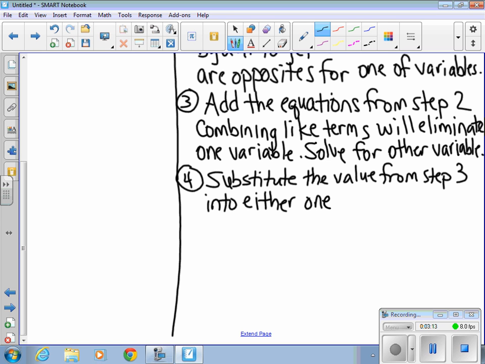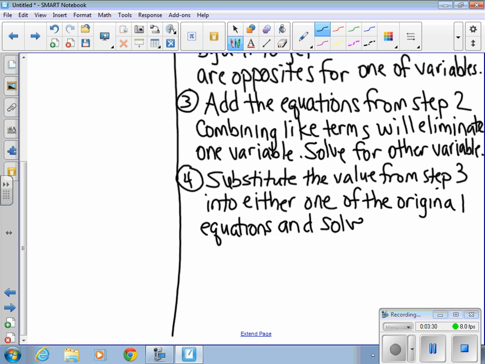That's the beauty of this method, is you can use either one, unlike substitution, of the original equations. And solve for the other variable. So this will give you the other half to your ordered pair, which is your answer.